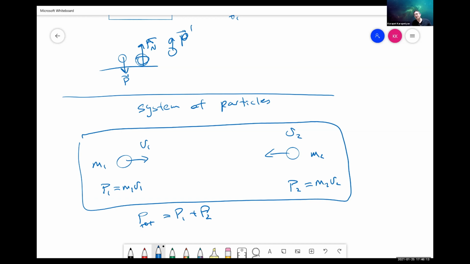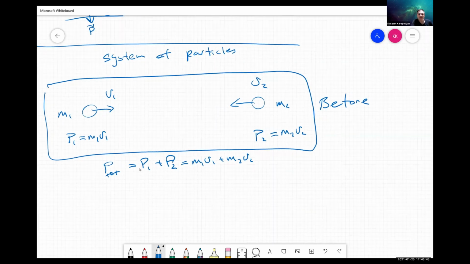You can see those 2 particles moving toward each other. Eventually they're going to collide if they continue moving toward each other. So what I am presenting here is my system before the collision. This is the total momentum of the system before the collision, which is M1 V1 plus M2 V2.